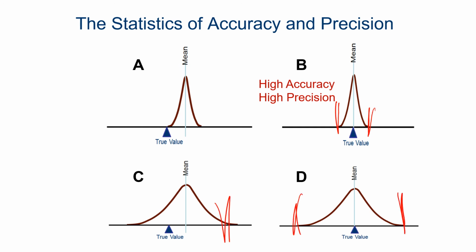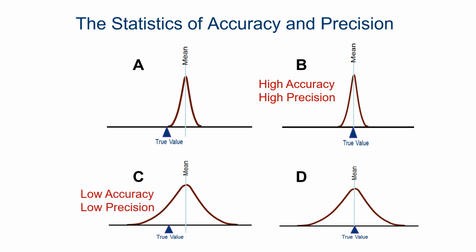All right, so which graph represents relatively low accuracy and low precision? Which one has low accuracy and low precision? Pause the video and think about it. The correct answer is C. Graph C indicates that the mean of the data is offset from the true value of the measurement. So here's the mean, here's the true value.